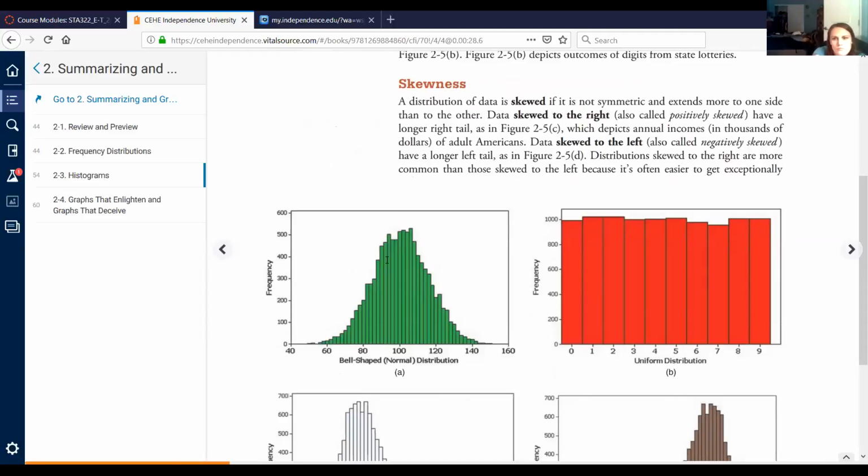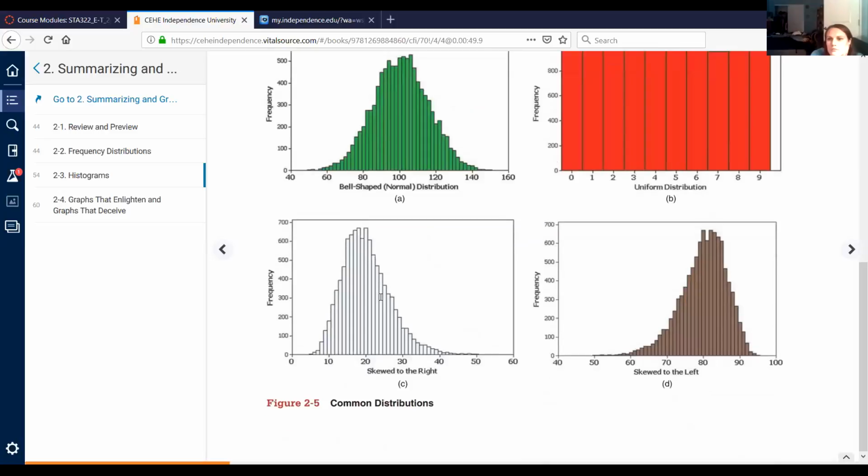The frequency looks to be about 530 for the tall one. So you can imagine there are a lot of data points, which makes this look pretty smooth. And our normal distribution looks a lot like our bell-shaped curve. Is it perfect? No. We have uniform distribution. Everything is pretty much the same.